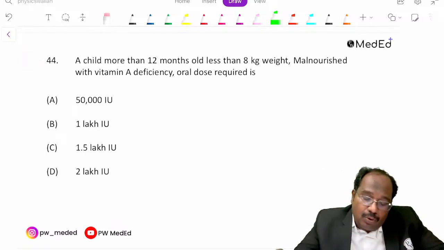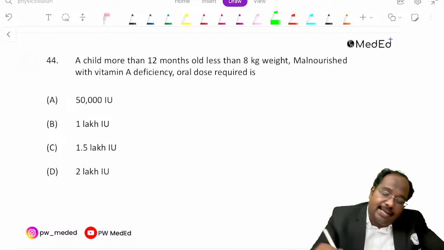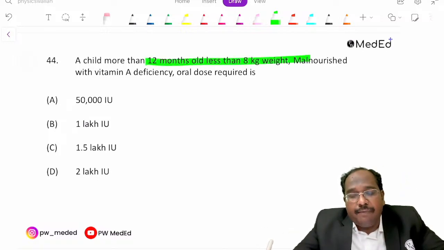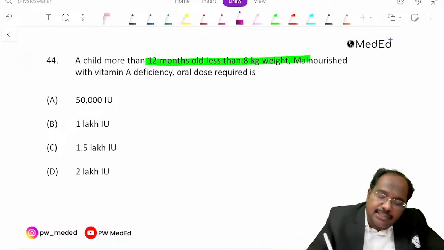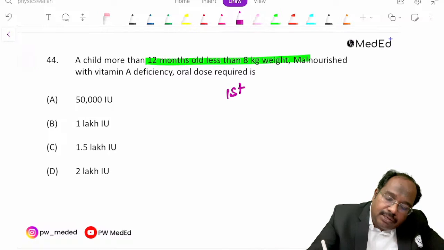A 12-month-old child, less than 8 kg, malnourished, having vitamin A deficiency. Now, in vitamin A deficiency, the first symptom is night blindness, guys.